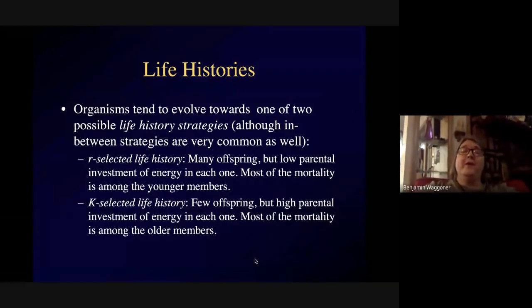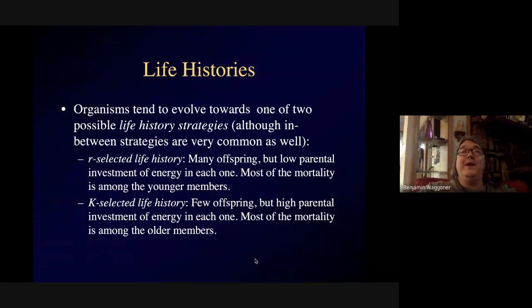Organisms tend to evolve towards one of two opposite, what we call life history strategies. A life history strategy is basically this. Living things don't have infinite amounts of energy. And so they don't consciously decide, but they evolve towards different ways of investing that energy.